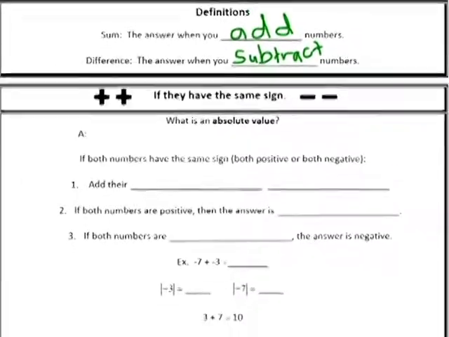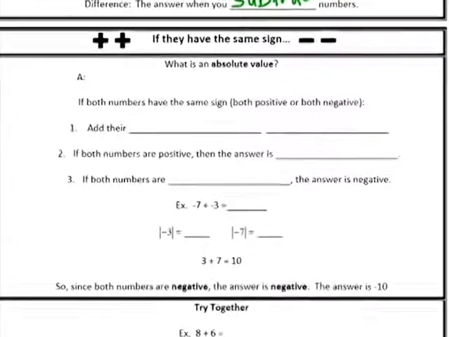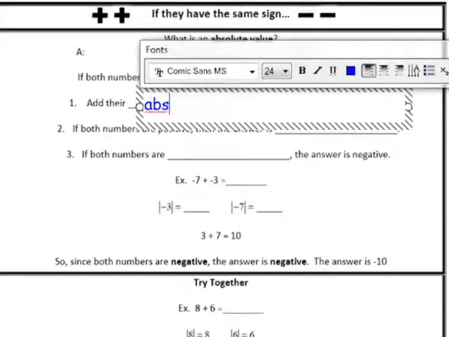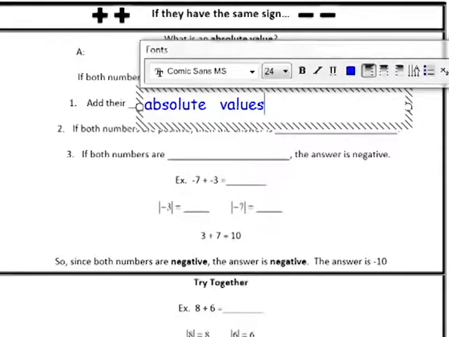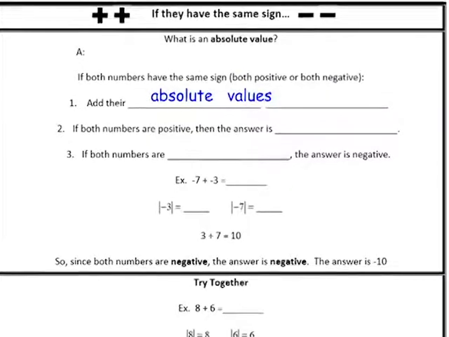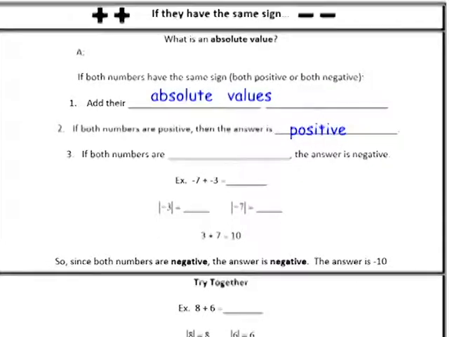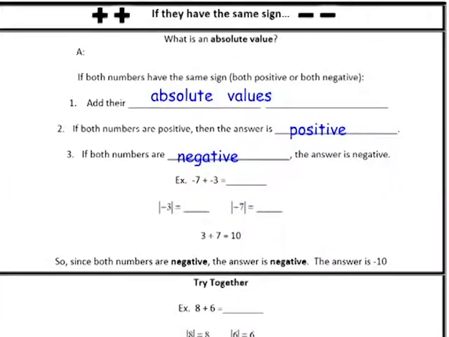When you're finding the sum of two numbers that are the same sign, positive, positive, or negative, negative, add their absolute values. If both numbers are positive, then the answer is positive. If both numbers are negative, the answer is negative.